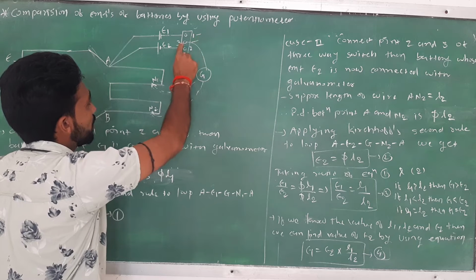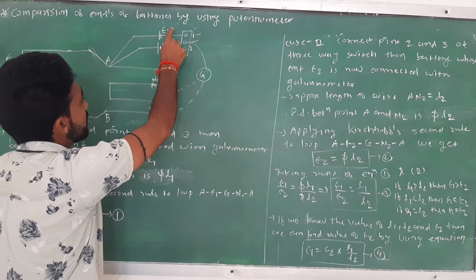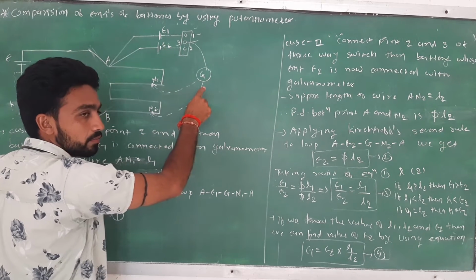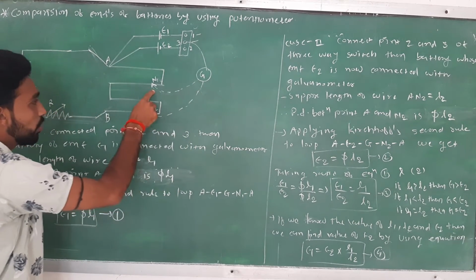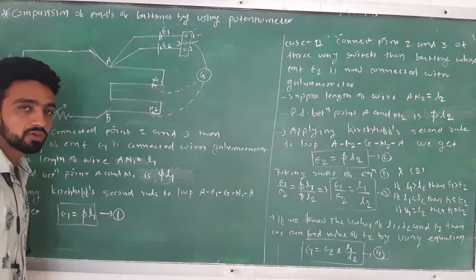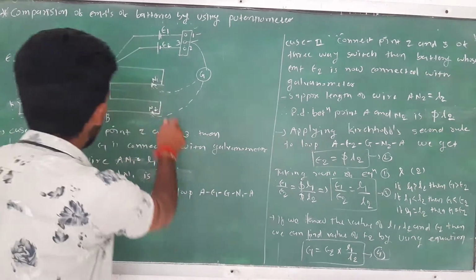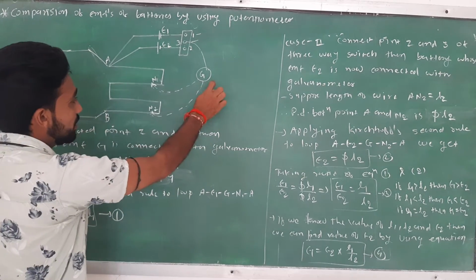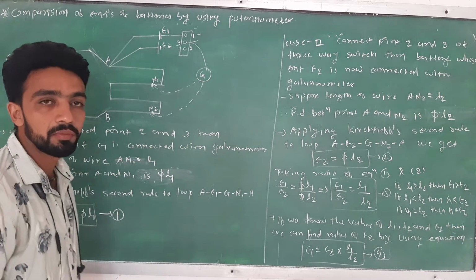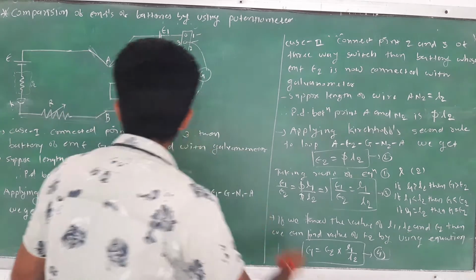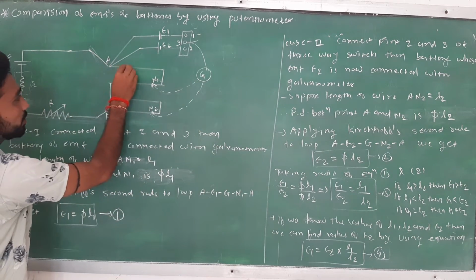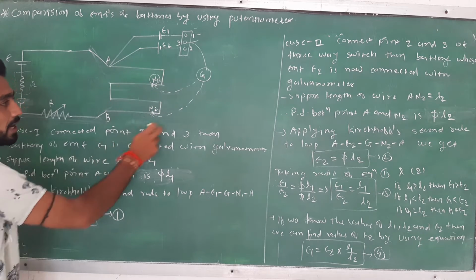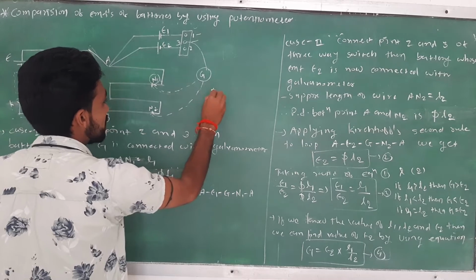Now the battery whose EMF is epsilon 1 is connected with the galvanometer. Then the jockey, which is connected with the negative terminal of the galvanometer, is moved over this wire until you get zero deflection in the galvanometer. Suppose when you move this jockey and reach point N1, at that time the deflection becomes zero.